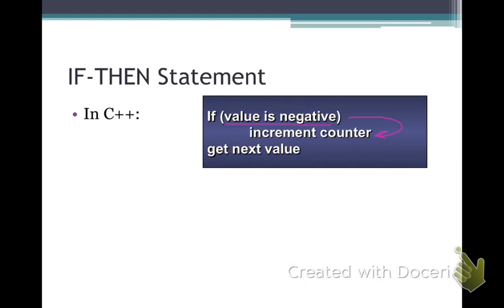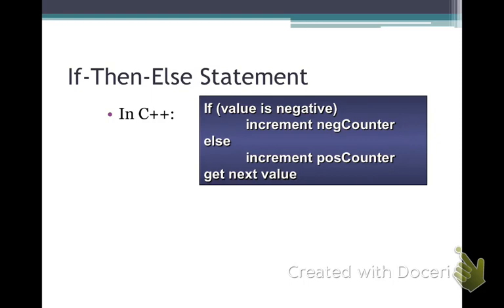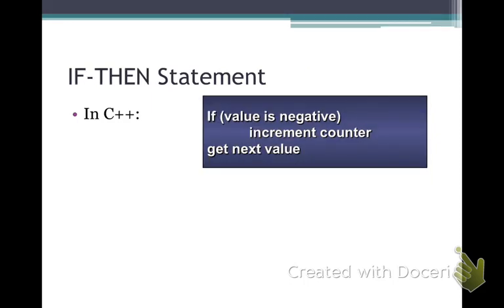However, in a low-level language, what I'm going to be looking at is under what condition will I not do that. So I'm going to increment counter, get next value.